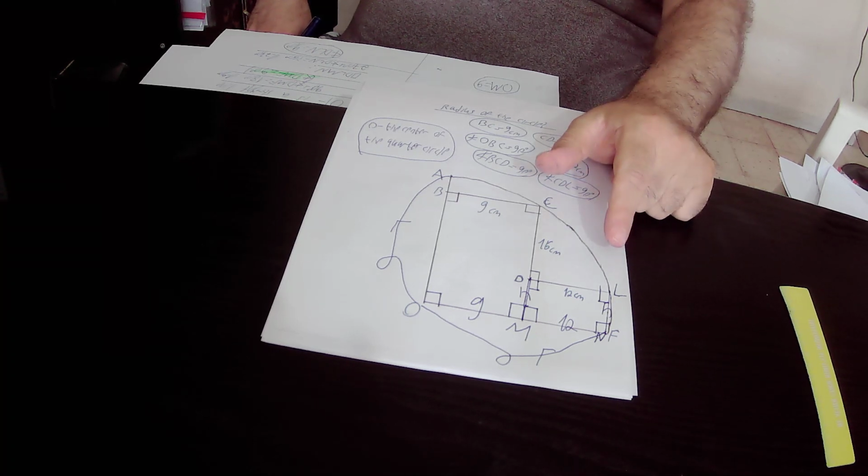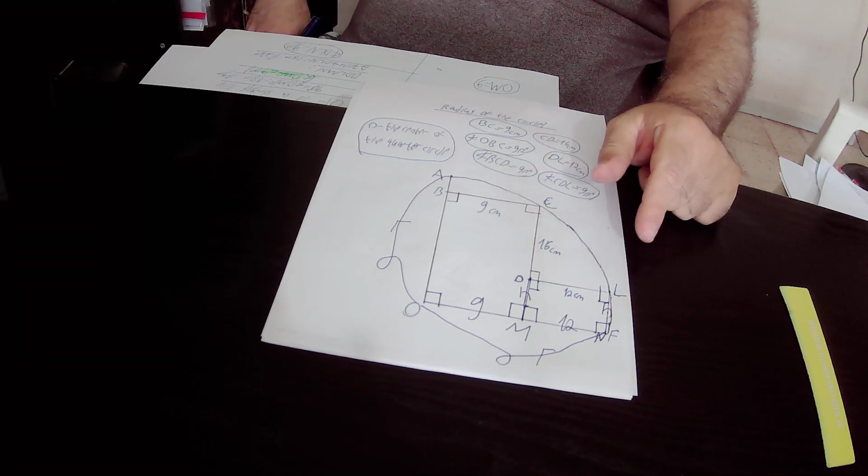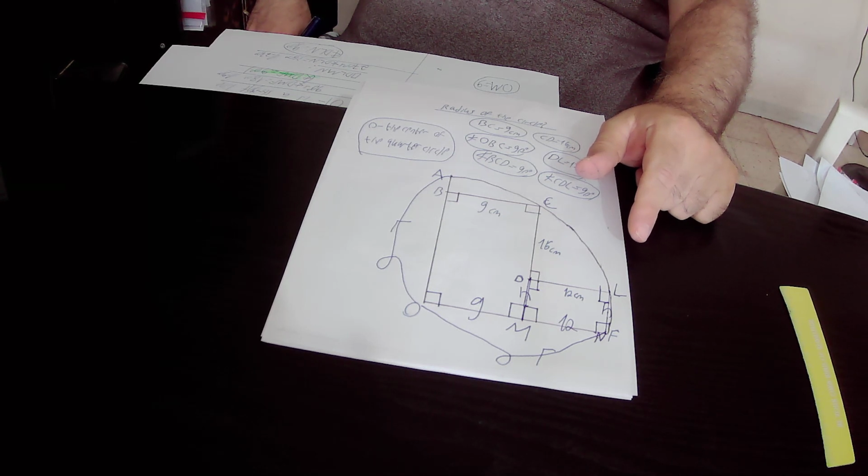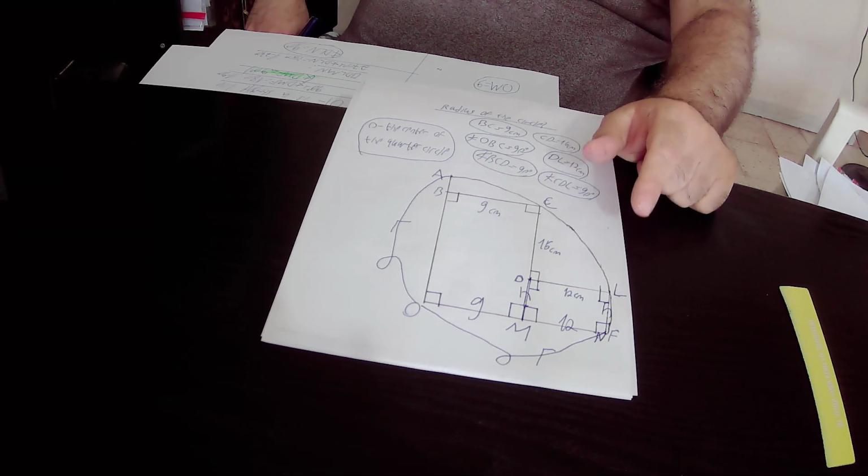Because ON equals 21 units and OF is a little bit longer than ON because points F and N are very close to each other. So we are expecting that the radius of this quarter circle, which is equal to OF, will be a little bit longer than 21 units. Okay?